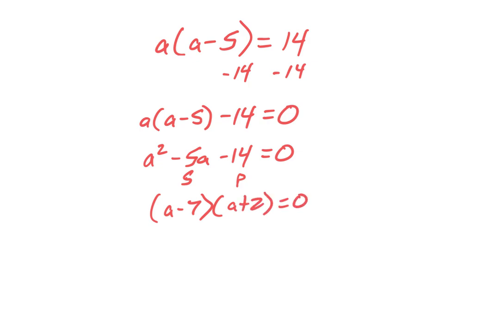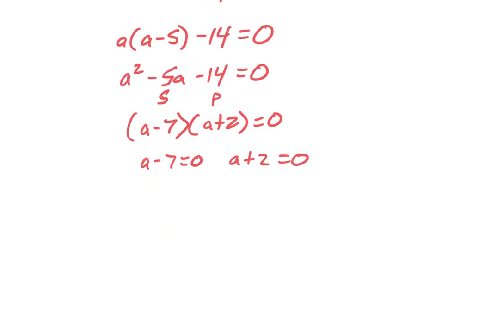It has to add up to be negative 5 and multiply to get negative 14. Okay, and then to finish it out, once we have our two factors, we set both of those equal to 0. And that would be our answer.